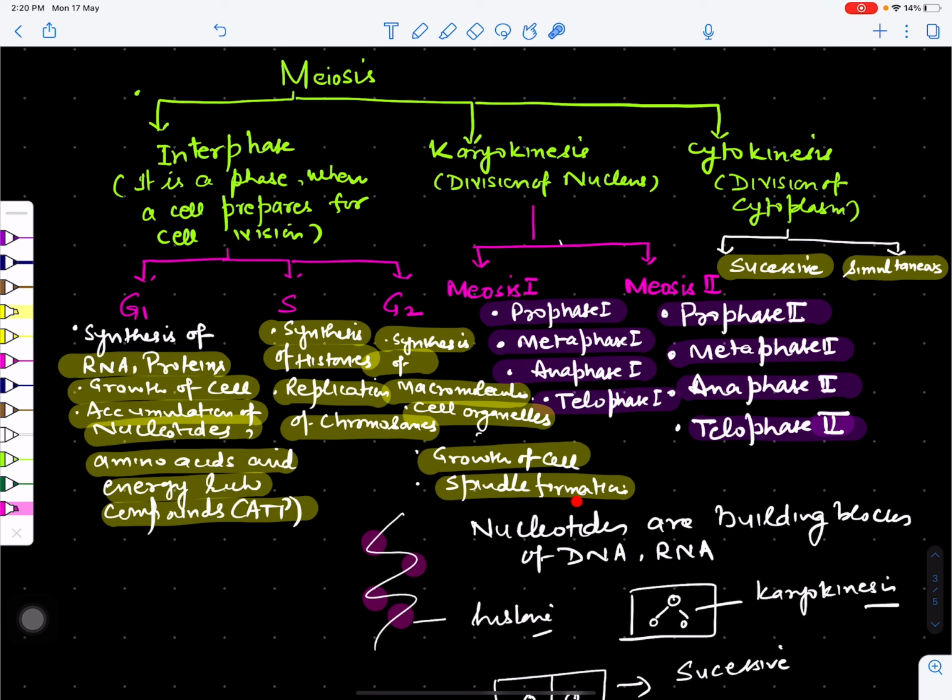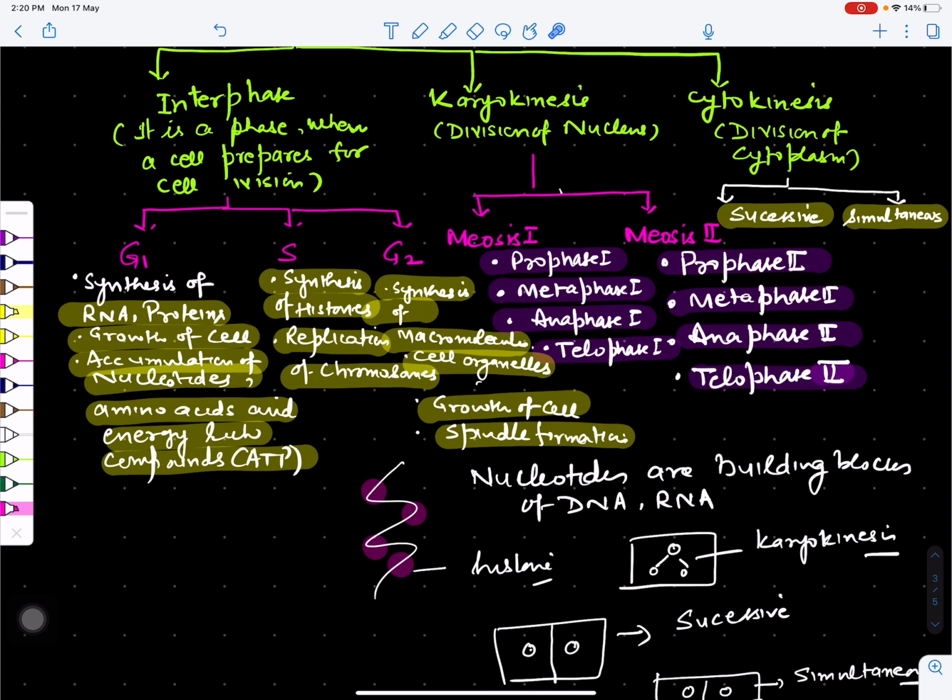Spindle formation is also required. The spindle is the fibrous structure to which chromosomes get attached. This we'll discuss in the next videos. Macromolecules help in formation of the spindle apparatus. So this is when a cell prepares for cell division. This is called interphase.